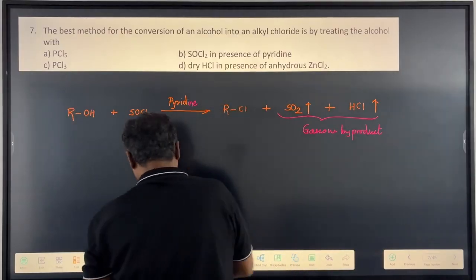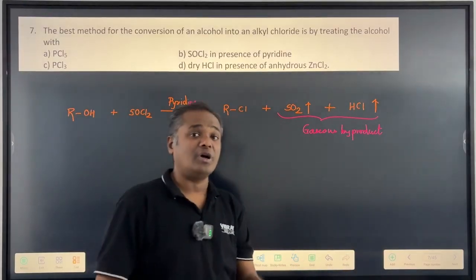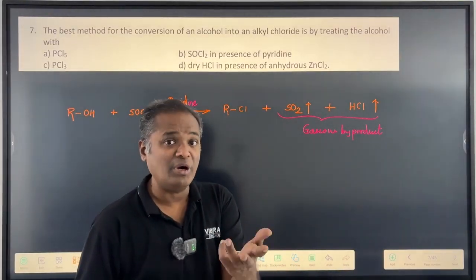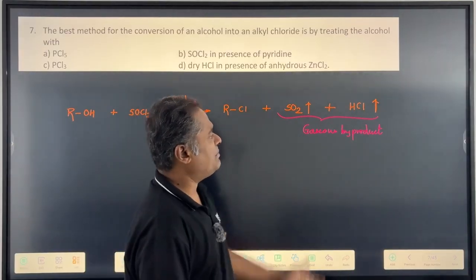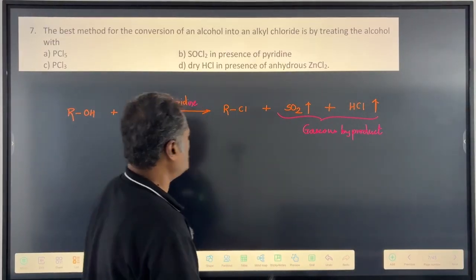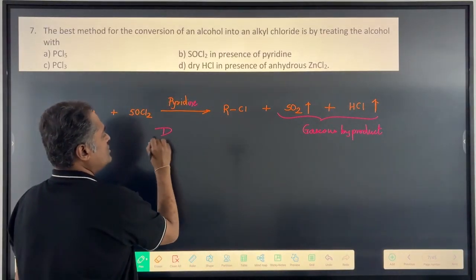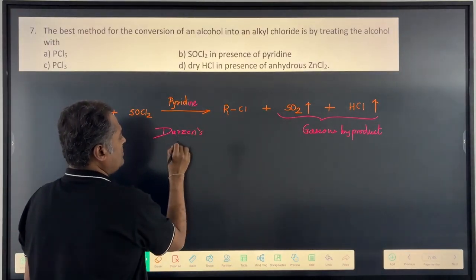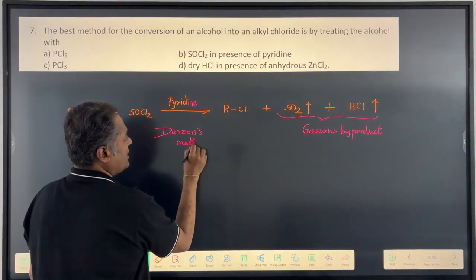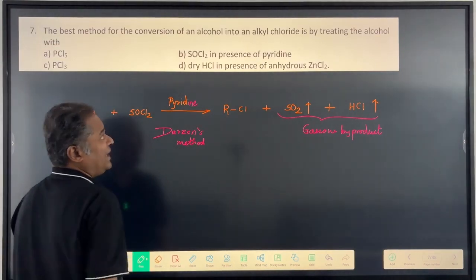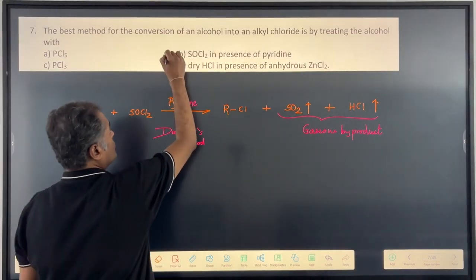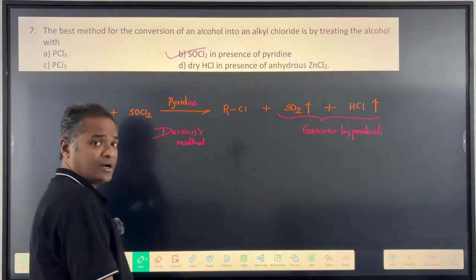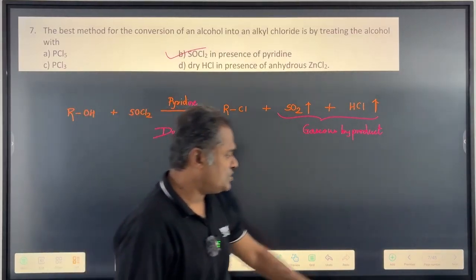Yes, and no extra cost would be required for a businessman commercially. Hence, this can be the best method. Is it done? The name of this reaction, which we all know, child, is Darzens process. So, one of the best methods to prepare alkyl chloride is by SOCl2. Is it done? Correct? So, let us proceed with the next question, child.